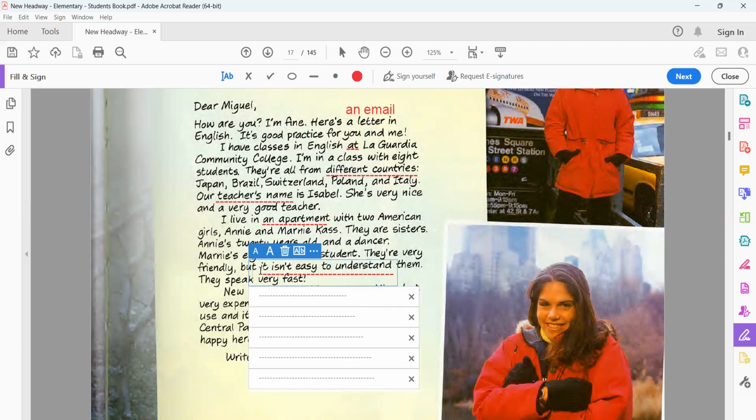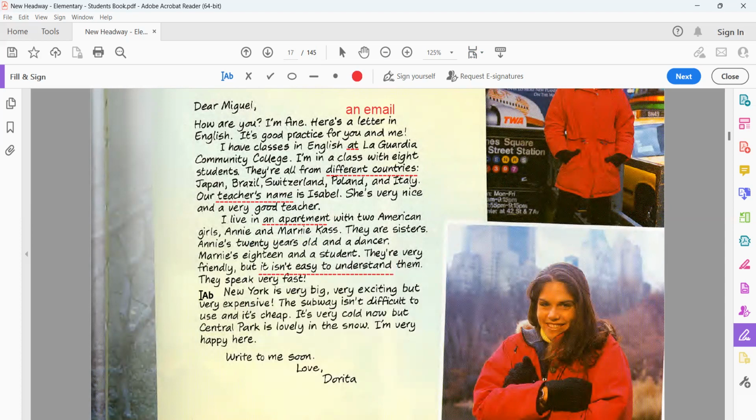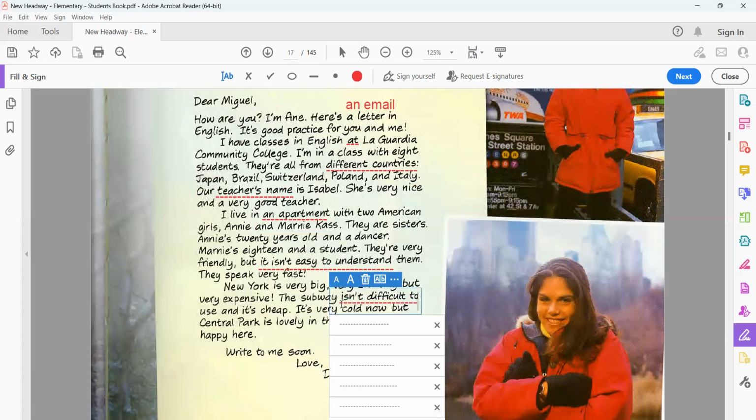New York is very busy, very exciting, but very expensive. The subway isn't difficult to use, and it's cheap. It's very cold now, but Central Park is lovely in the snow. I'm very happy here. Write to me soon, Fahad.